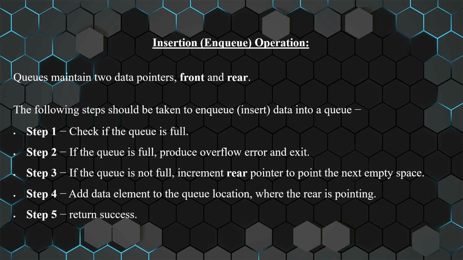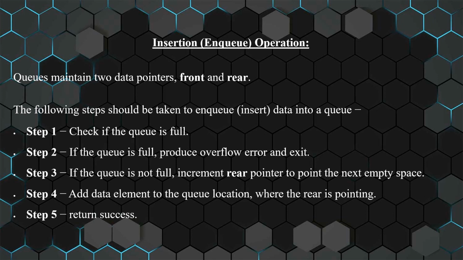And these are some of the steps that should be taken to ensure the new item is inserted into the queue. The first step is to check whether the queue is full. And if the queue is full, it is not at all possible to insert a new element into the queue. And if we find the queue is full, we are going to produce the overflow error and exit.